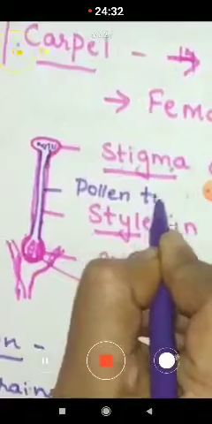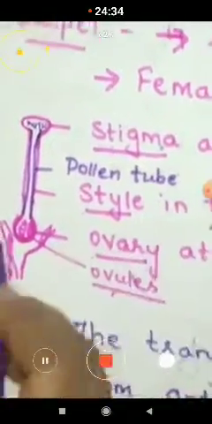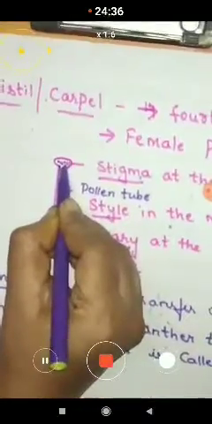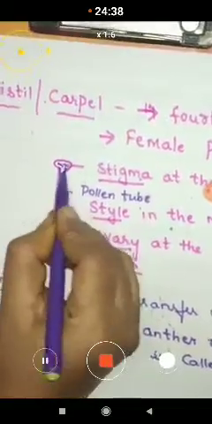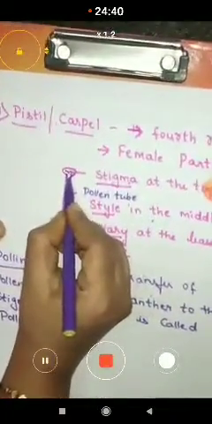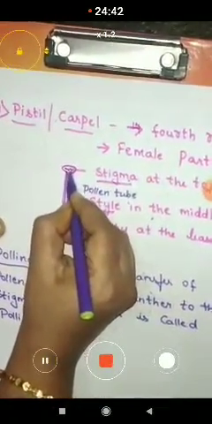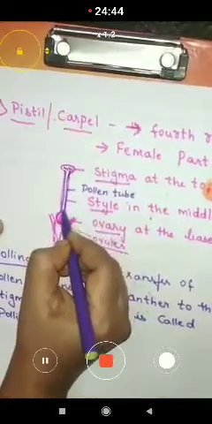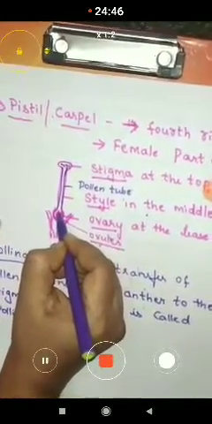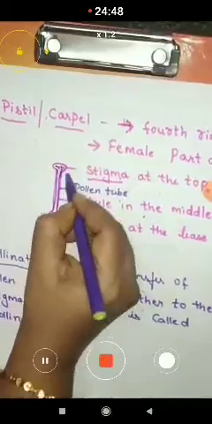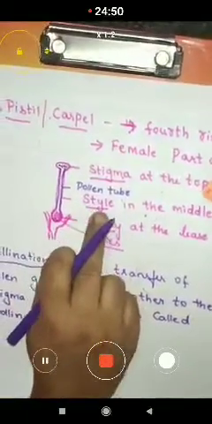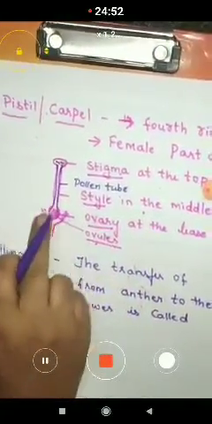Inside the style we have a pollen tube, children. A pollen tube is present. The pollen grains pass through this pollen tube, through the style, and they reach the ovary.